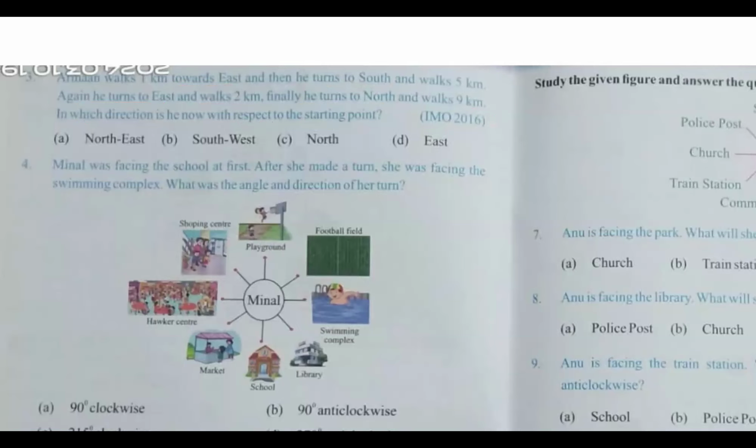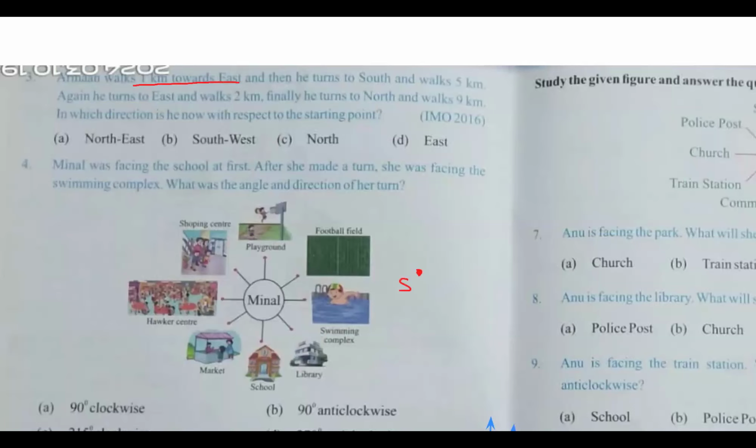Let's see how we make this arrangement. I hope you have a notebook with you. You'll also draw with me. Okay, so the first step that he took, he walked 1 kilometer towards east. So let us take one starting point. Let's say this is the starting point. Let us name it as S just to denote.